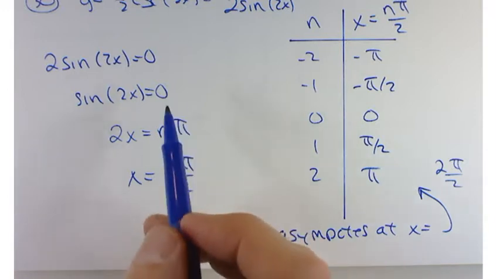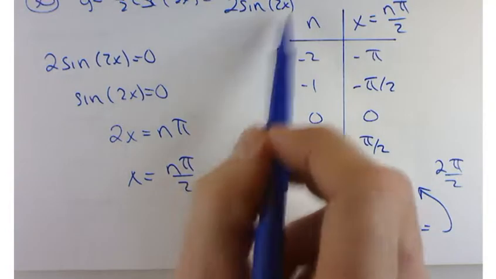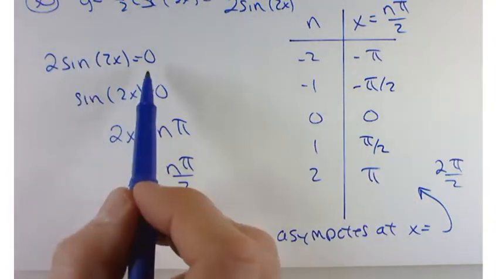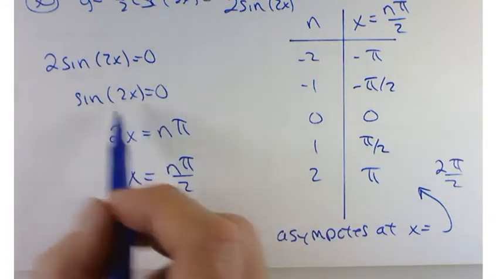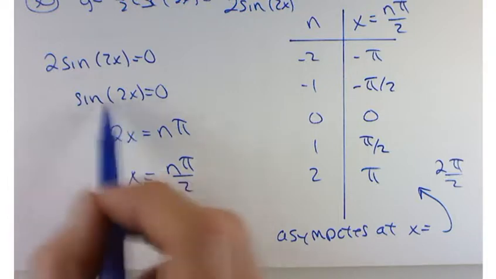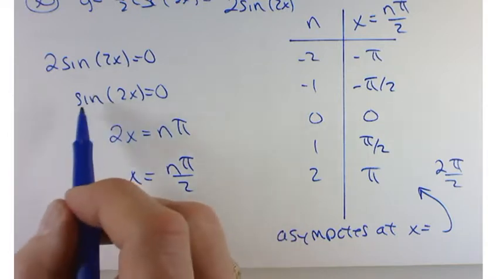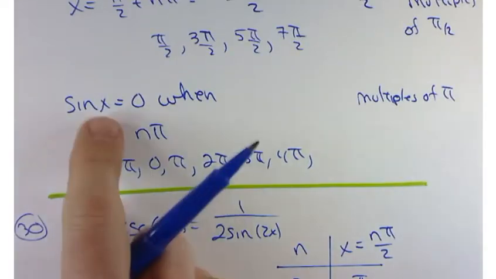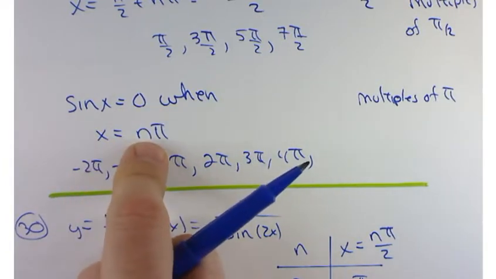So once more, in this calculation, I needed to know where the denominator was 0. I can divide out the 2. That's not going to affect anything, since 0 divided by 2 is 0. So I need to know where the sine of this function is equal to 0. Sine of x equals 0 when x equals n pi.